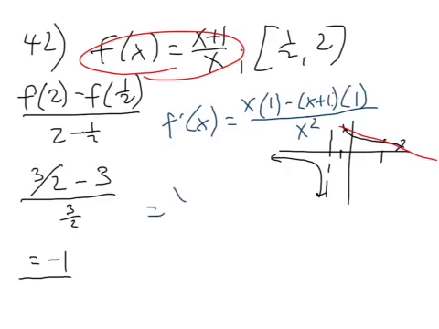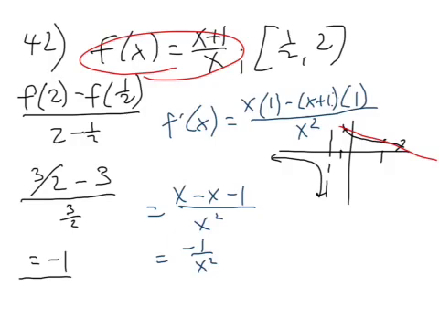That becomes x minus x minus 1 all over x squared, or in other words, negative 1 over x squared. So what we want to do is set that equal to the slope.